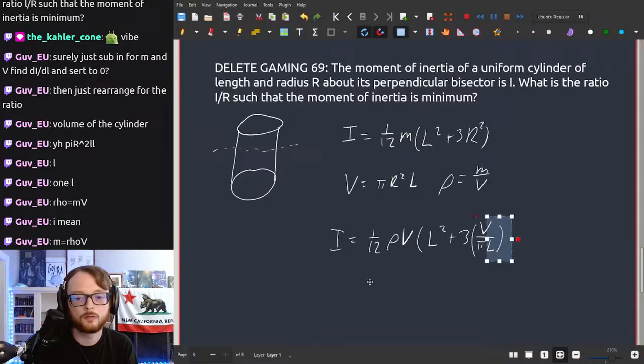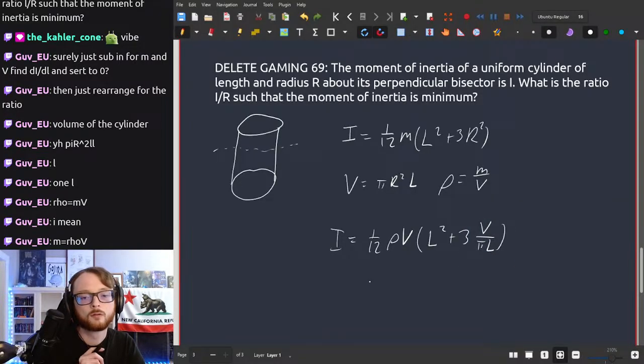Okay, so you're saying to do this because rho and volume are both constants here?